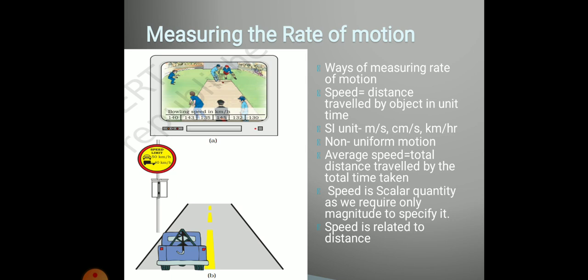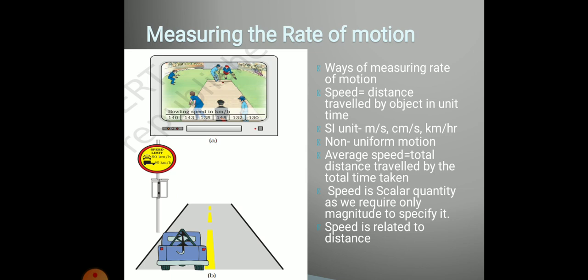Yes, so some of them move fast and some move slowly. That means the rate at which objects move can be different. Also, different objects can move at the same rate.